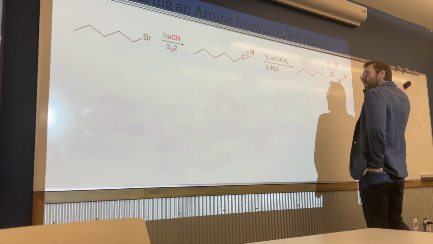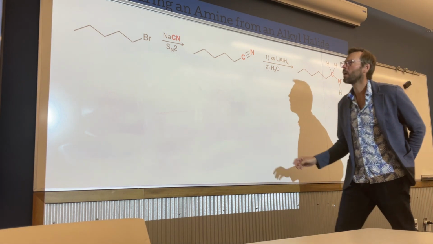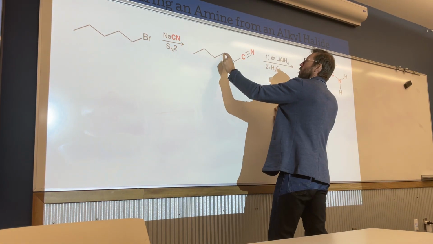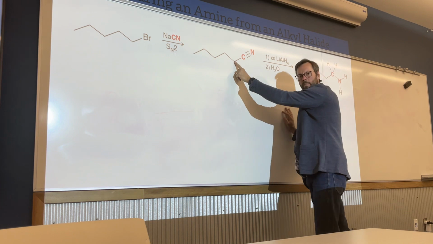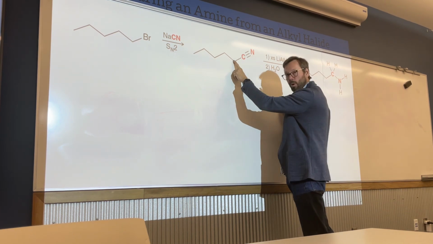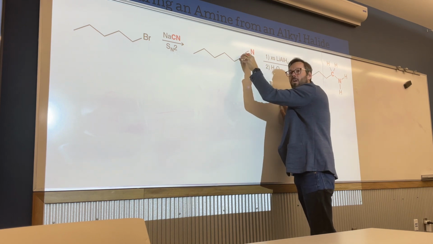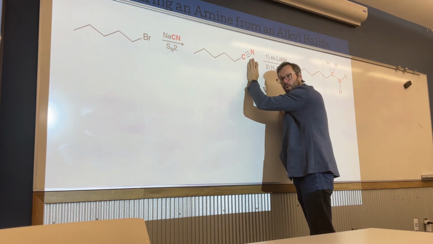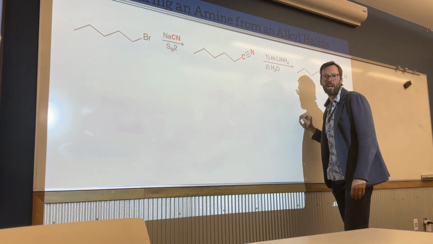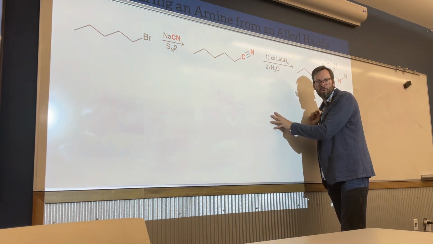And so essentially in the long run, right, what do we got? Here we're taking off the bromine and we're putting on a full amine group. We're going to put on an additional carbon and nitrogen, not just the nitrogen part.